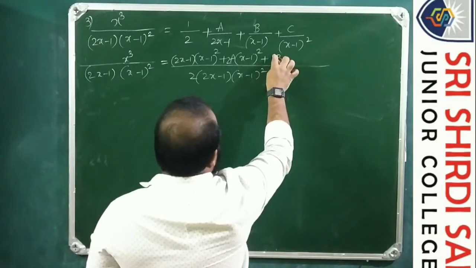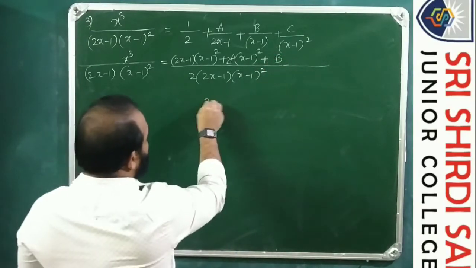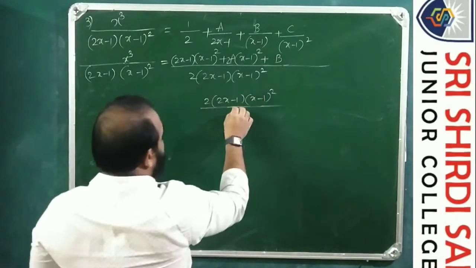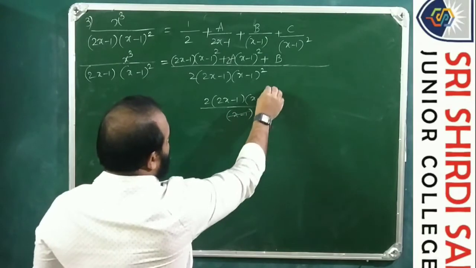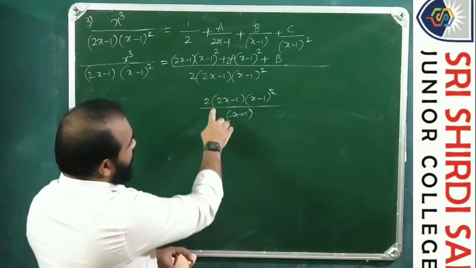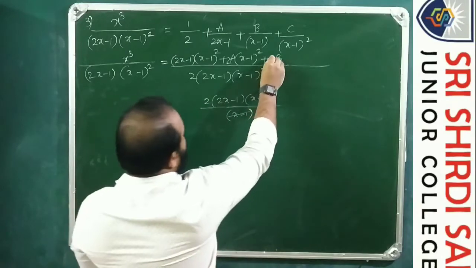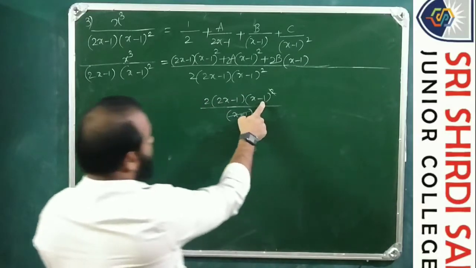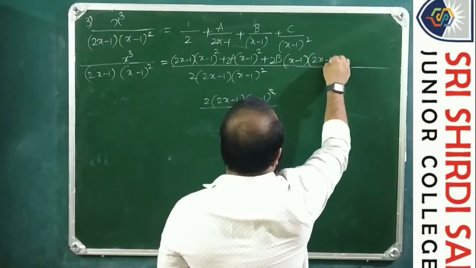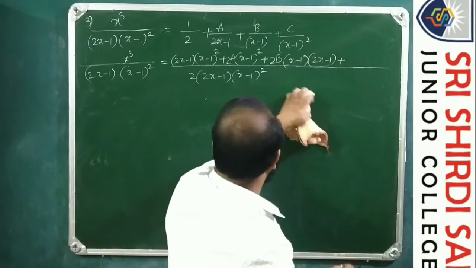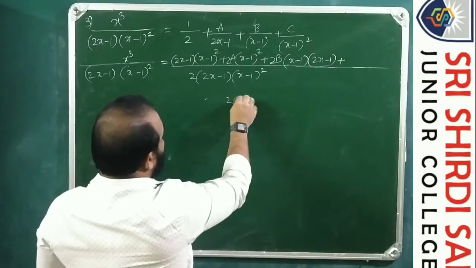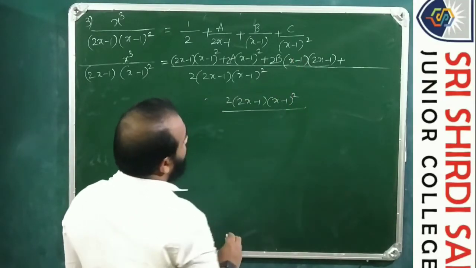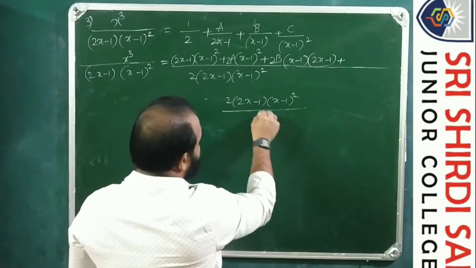b into, so this is 2 into 2x minus 1 into x minus 1 whole square by x minus 1. So x minus 1 gets cancelled. So this into b. So 2b into x minus 1 into x minus 1 into 2x minus 1 plus, so 2 into 2x minus 1 into x minus 1 whole square by x minus 1 whole square.